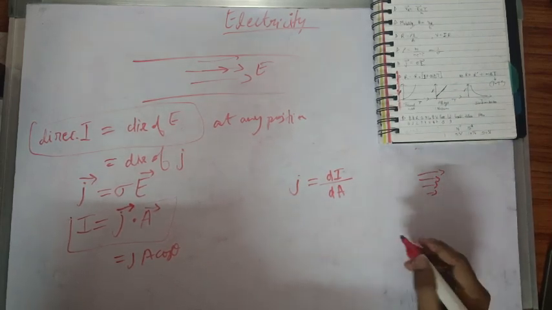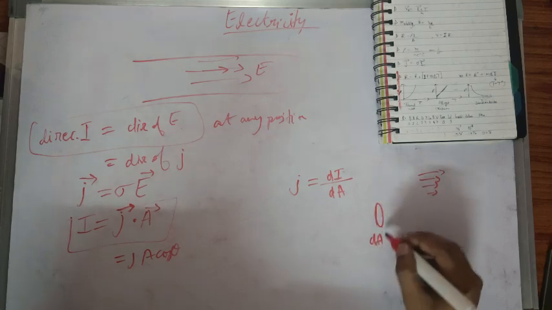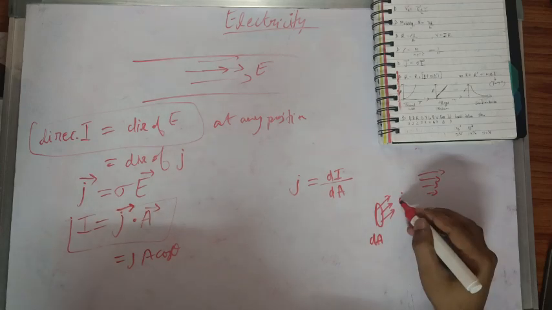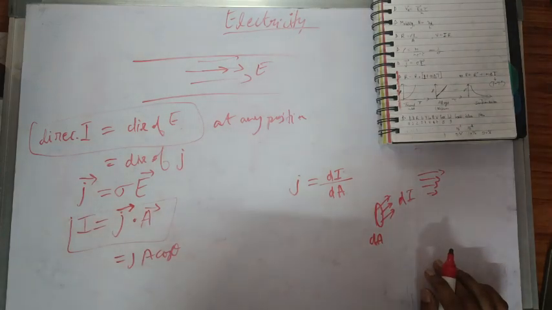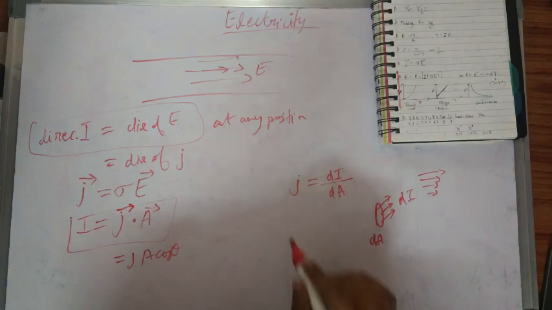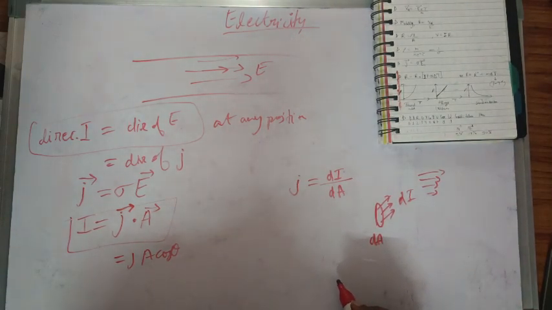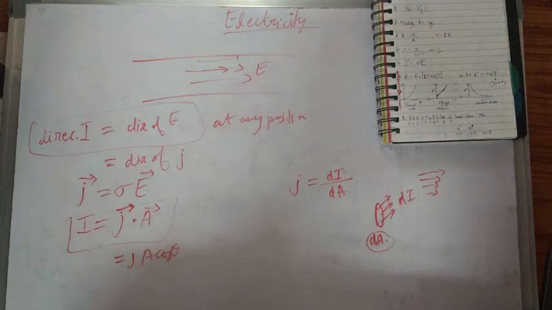Let's say there is a small area of cross section dA like this, and the current is flowing in this direction. To tell the current density here, I will have to take the perpendicular component of the area.